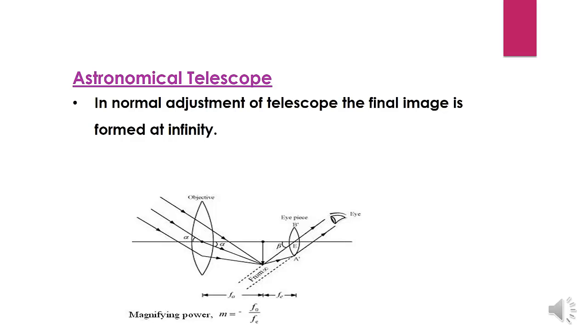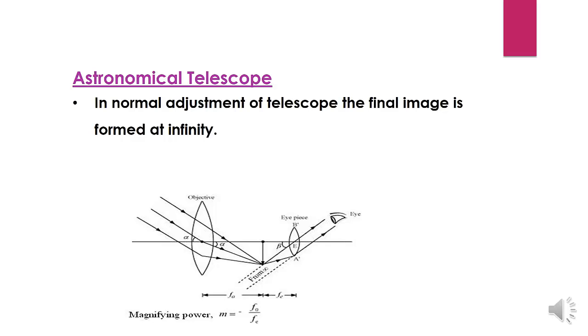Here you can see the objective lens will be a little bit bigger than the eyepiece, just opposite to that of the microscope. Here also we are using two lenses, one is objective and the other is eyepiece. The lens which is coming closer to our eye is the eyepiece. The lens which is facing towards the object is called the objective.